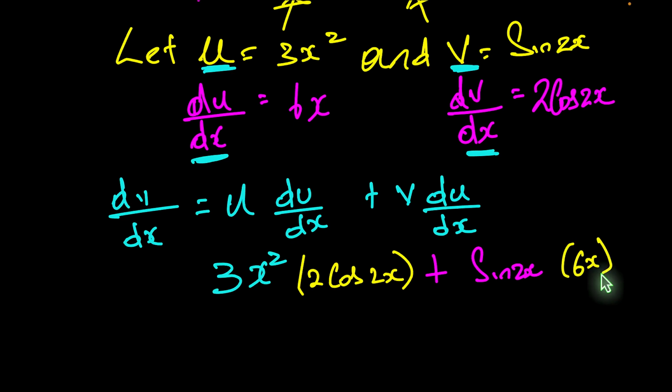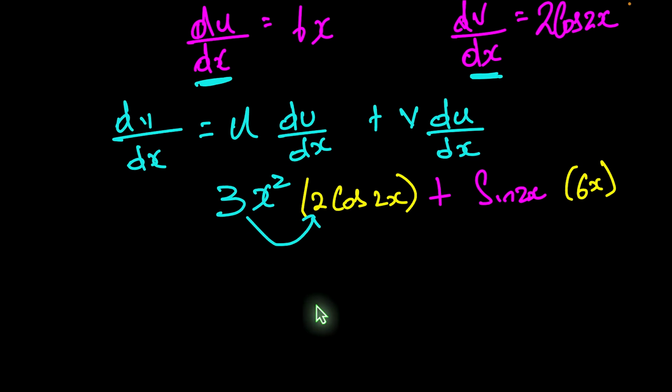So to simplify all of this, if we multiply our 3x squared with our 2 cos 2x, that's just the same as expanding a bracket. That leaves us with 6x squared cos 2x.